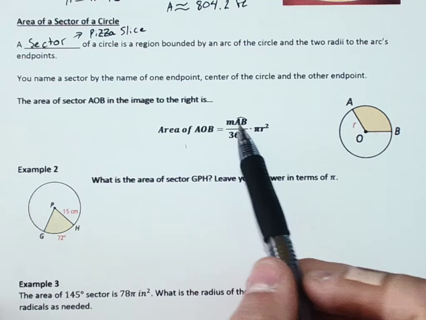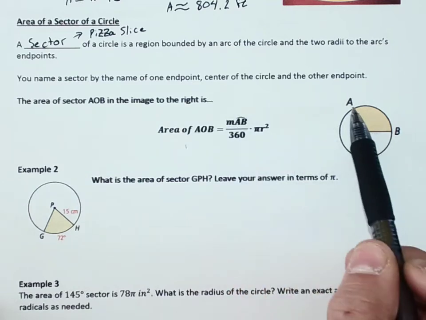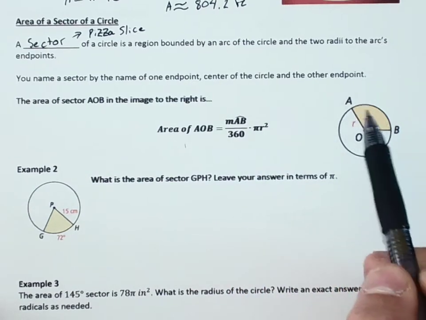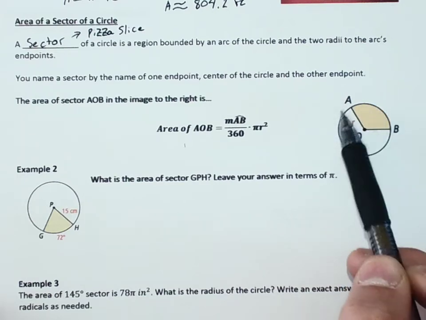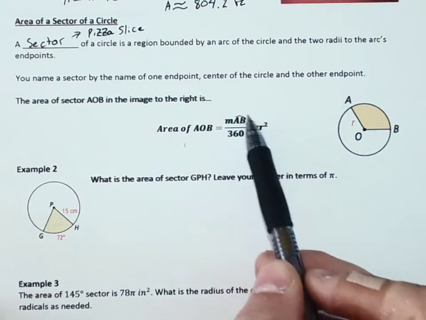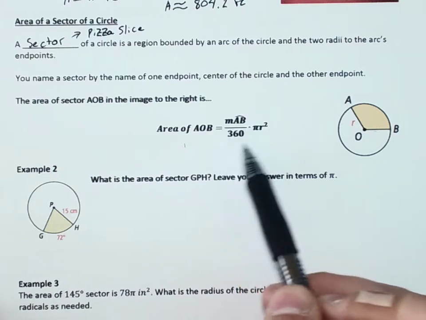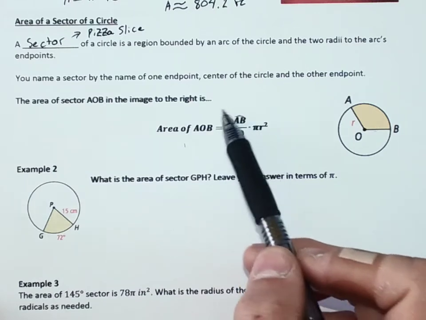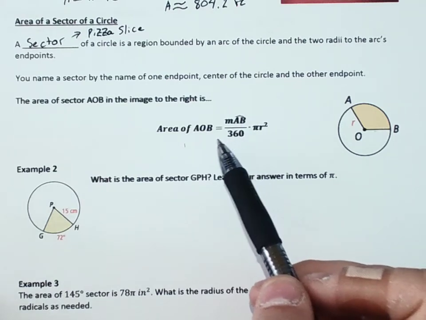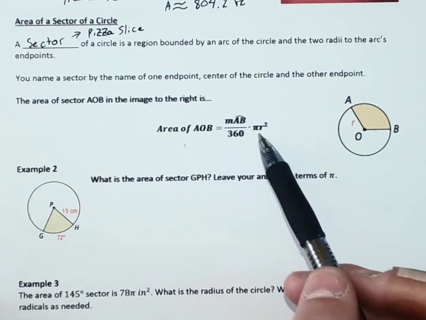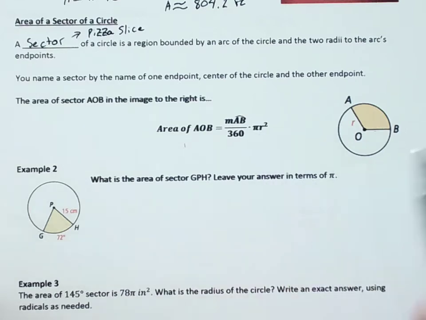So you first take the measure of arc AB. How much of the entire circle is arc AB? You take that measure and divide it by the entire circle. This gives you a ratio of the entire circle. And then you multiply that ratio by the entire circle's area.